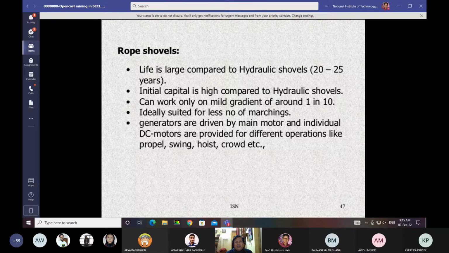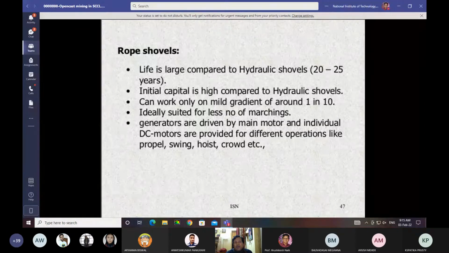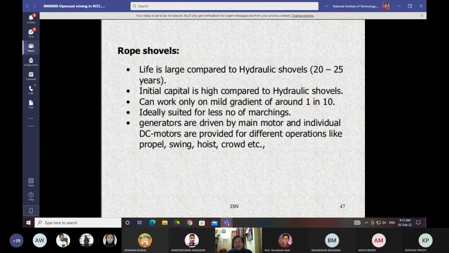And this is a very big machine, and its initial capital cost is very high, so it should not remain idle. If it is remaining idle, you are incurring loss, a lot of money you are going to lose because of the idle time of the shovel.